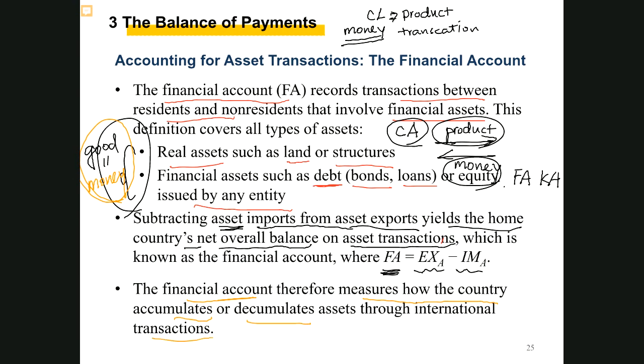So as you could see right now, what is the relationship between CA and FA? They should be something like this, right? If you have a surplus in the current account, you should have a deficit in the financial account, right?